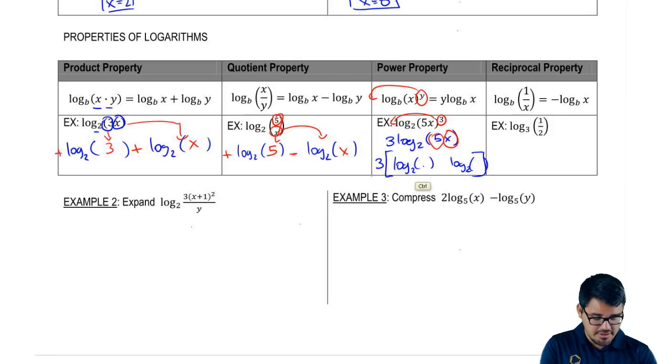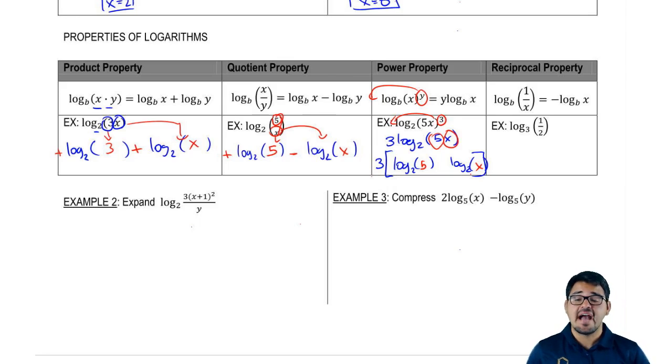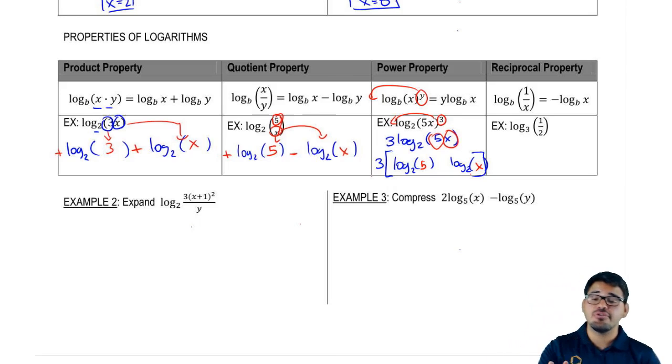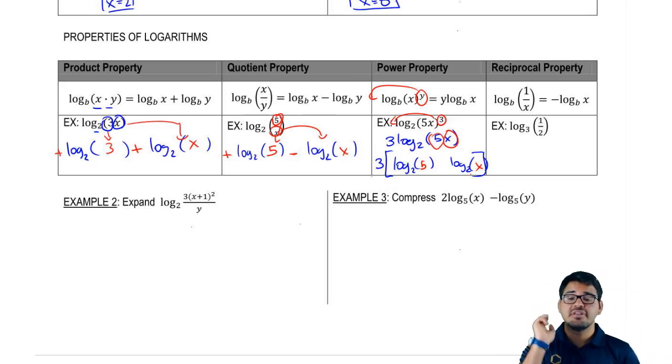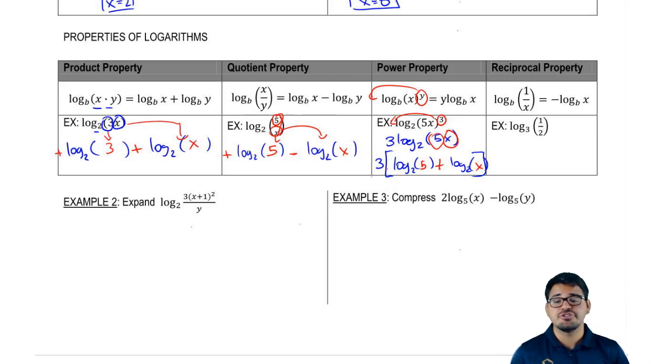They're each going to get their log, the 5 and the x. And yes, they're multiplying, so they're going to be adding. Since they're both on top, they each get a plus in front. So they're actually just adding. Let's take away that plus there, just for notation. So they're still just adding, right?